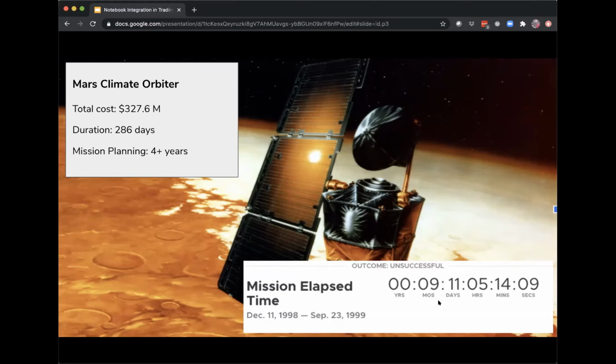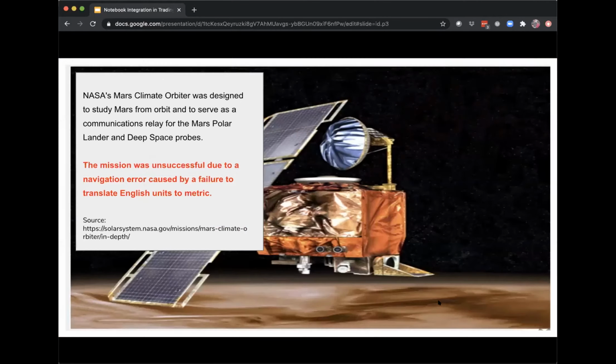And ultimately, this mission was unsuccessful. When they did a debrief, they learned that the cause of this snafu was simply a calculation that did not get translated from English units to metric units. So you ask yourself, how in the world could such an oversight happen given the 9-figure investment and a 4+ year project plan to put together this Mars orbiter?